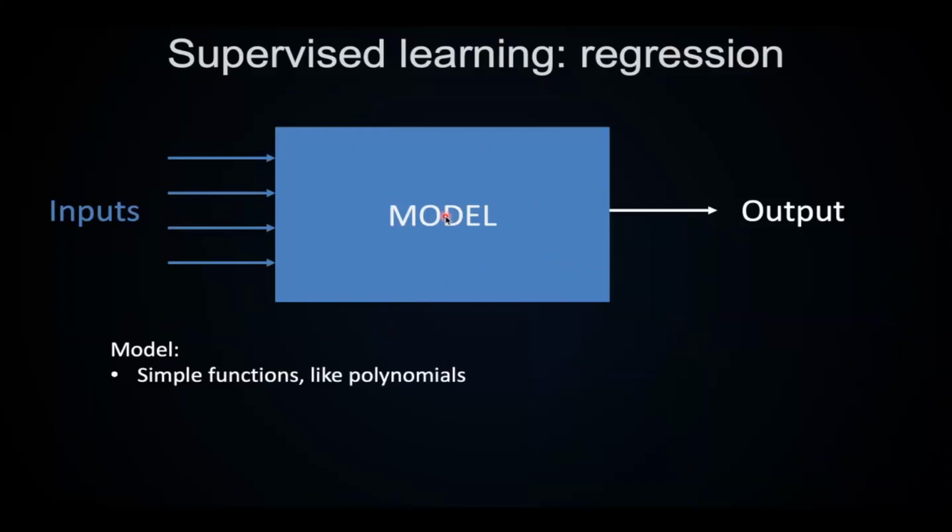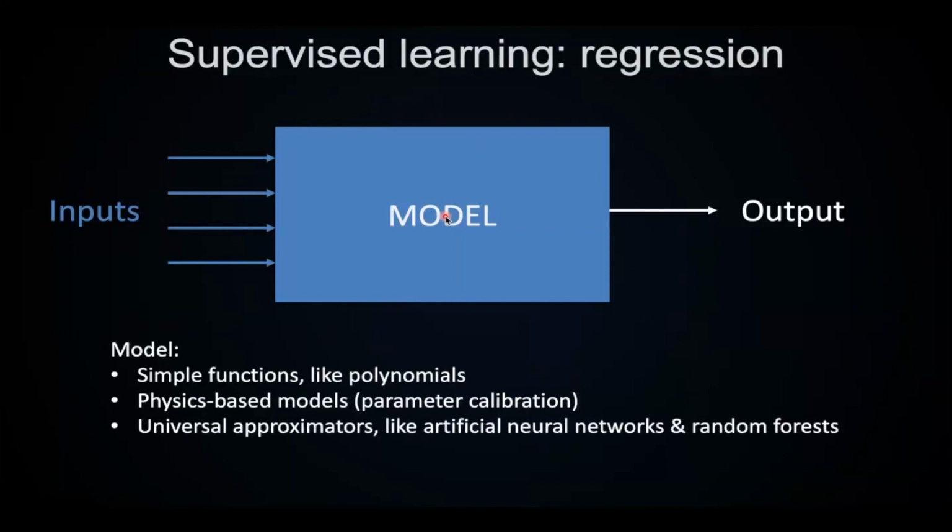We all know about linear fit, curve fitting. That's an example of learning from data. If we have physics-based models that have parameters that require calibration, if we calibrate that based on data, that could also be considered supervised learning and machine learning.